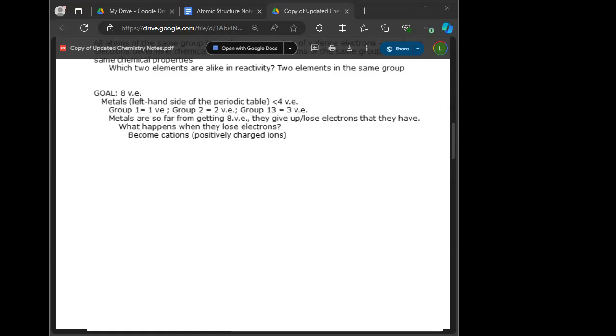Because think about how difficult it would be to try to find 7 more valence electrons or 6 more valence electrons. That's going to be almost impossible. So they think, you know what, just forget it. I'm never going to get to 8. I might as well just give up what I have.